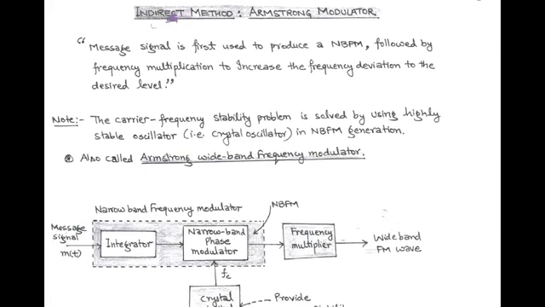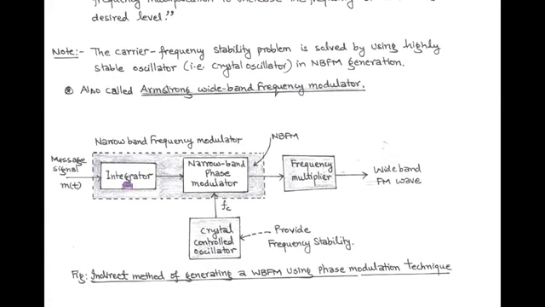But in the indirect method, our input is the message signal. So we first generate narrowband FM by using an integrator followed by a narrowband phase modulator, having a sinusoidal carrier signal as another input. Here the sinusoidal carrier is generated by a crystal controlled oscillator that provides frequency stability to the whole system.